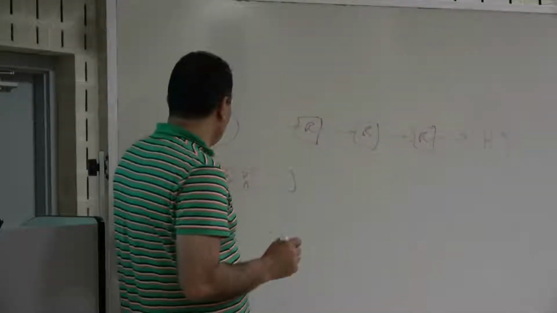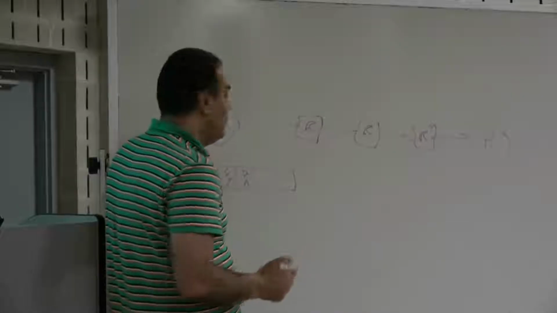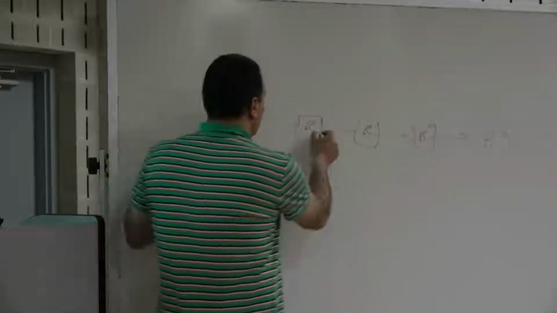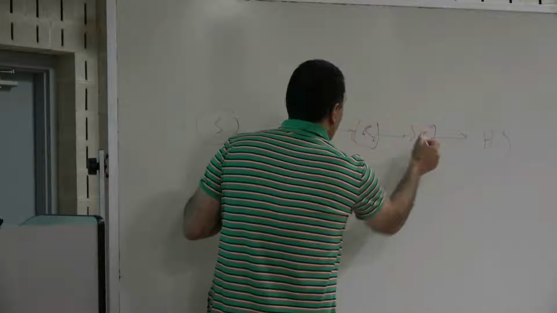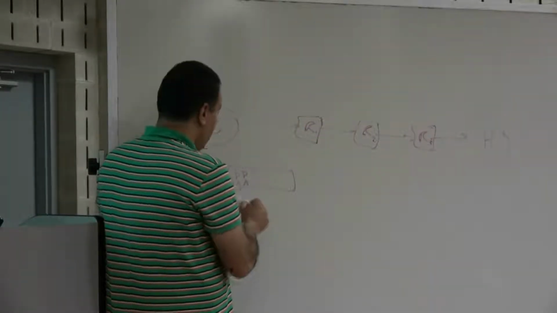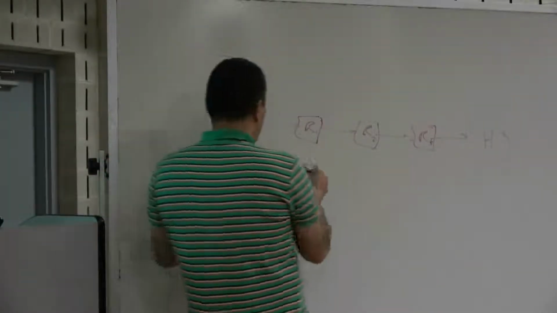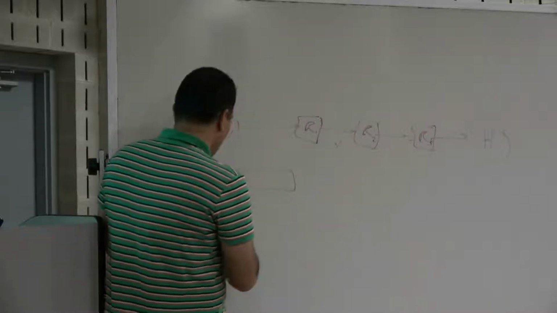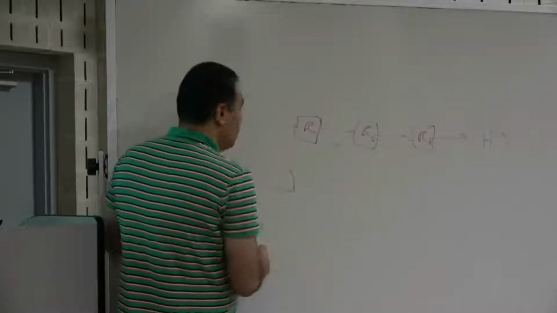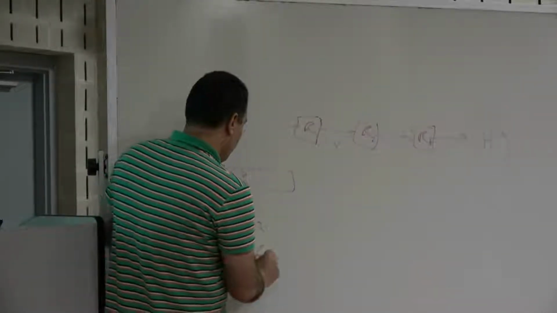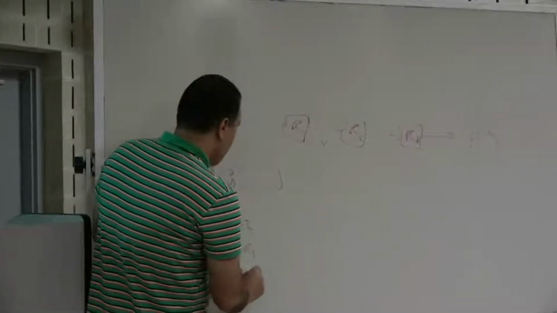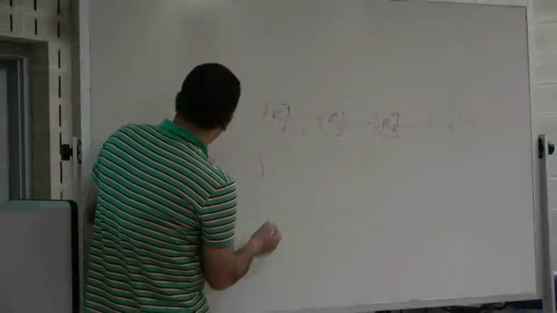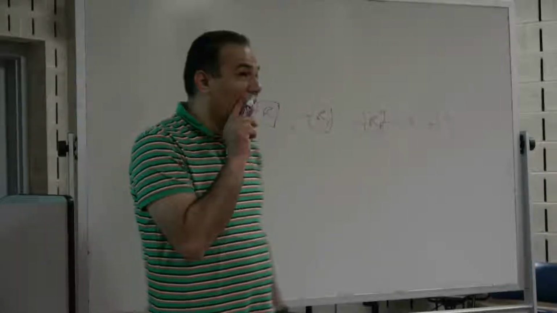What's the source address at the first step? S, and let's call the routers 1, 2, 3. And what's the destination address? R1. Then here it is R1, R2. Then R2, R3. Then R3 and the destination H. We call it H there.